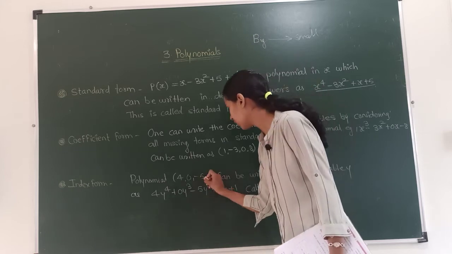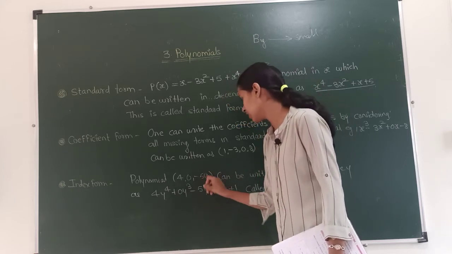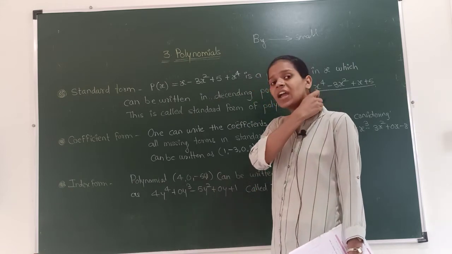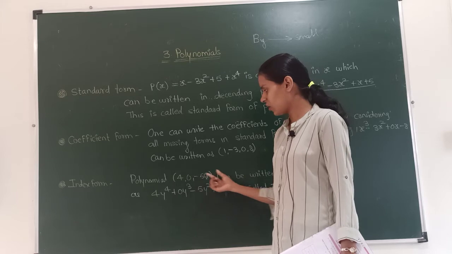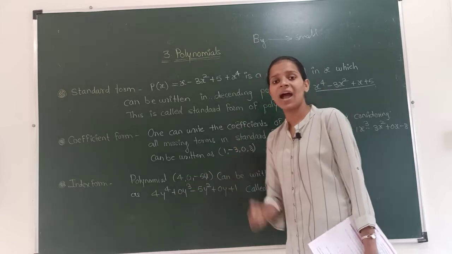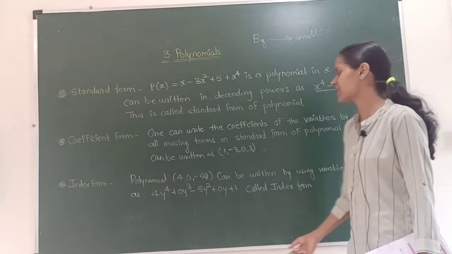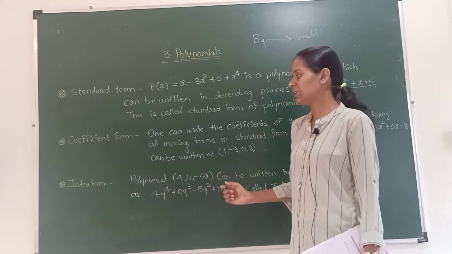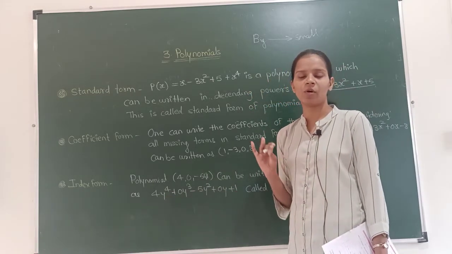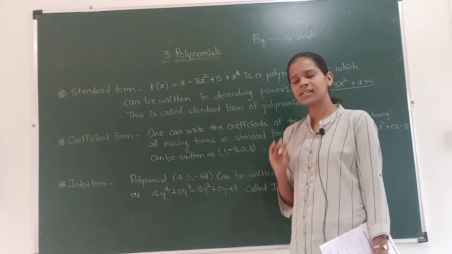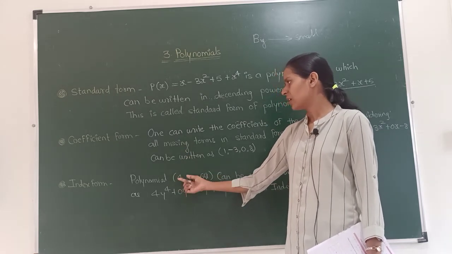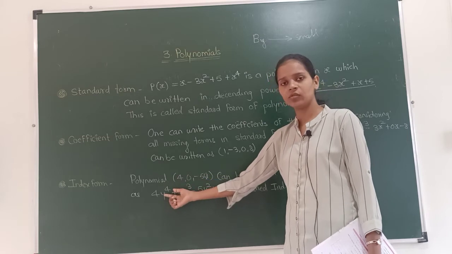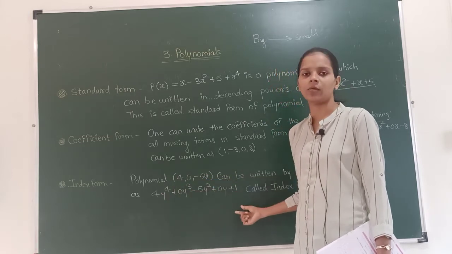So what we did is we took all these coefficients and combined them with the variable and wrote the polynomial. This is called the index form of the polynomial. It is very simple. What we have to do is pick just the given coefficients and convert them into a polynomial.